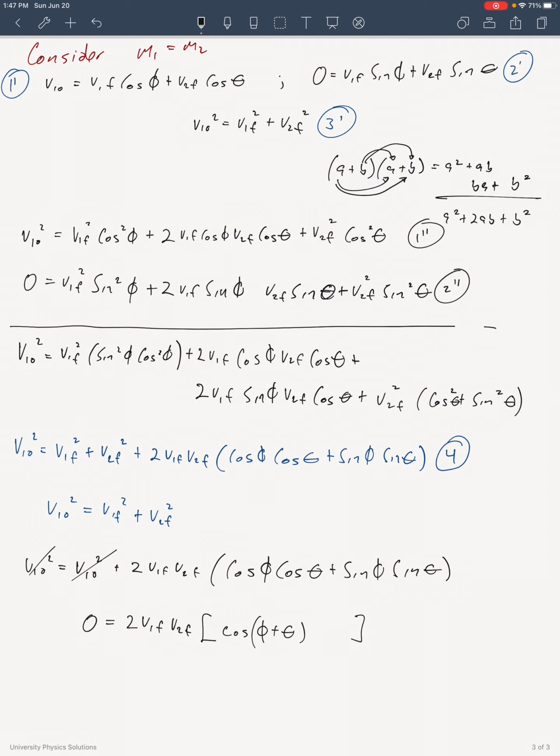That's it. Now, you know that b1f and b2f are not going to be 0. Otherwise the collision's not going to happen and the particles are just not going to move, right? They'll have some speed. So this cannot be 0. This is something. So then this has to be 0.